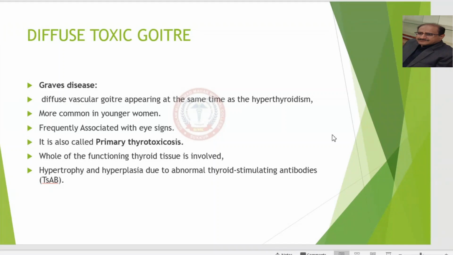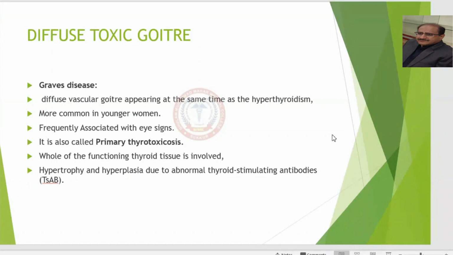It is also called primary thyrotoxicosis. The thyrotoxicosis due to Graves' disease or diffuse toxic goiter, more common in younger women and associated with eye signs, is called primary thyrotoxicosis.